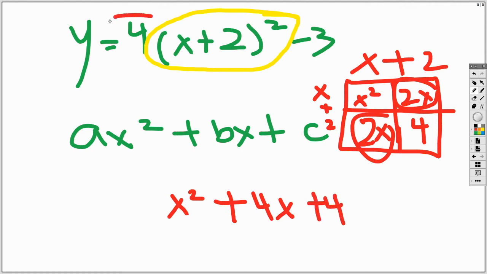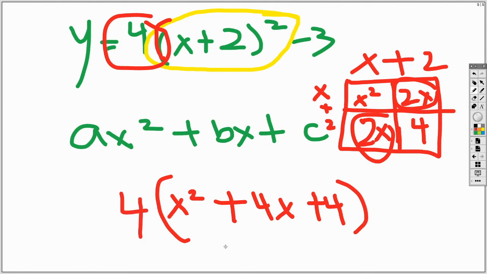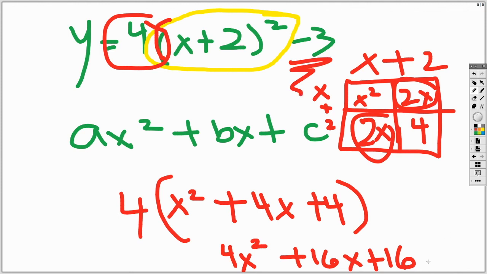But then remember that this 4 is out front, and since the expression is in parentheses, that means we have to distribute it. So this becomes 4x to the power of 2 plus 16x plus 16. But then we have this little part, minus 3. So 16 minus 3 would make it 13. So that's the answer for its standard form.